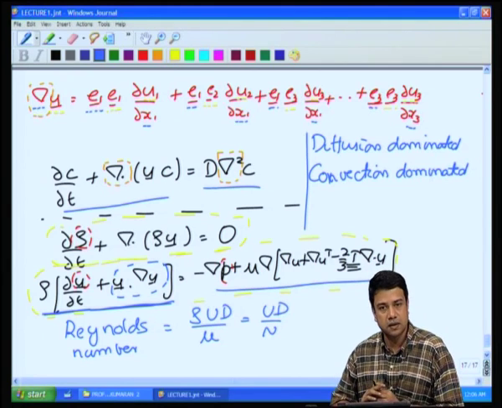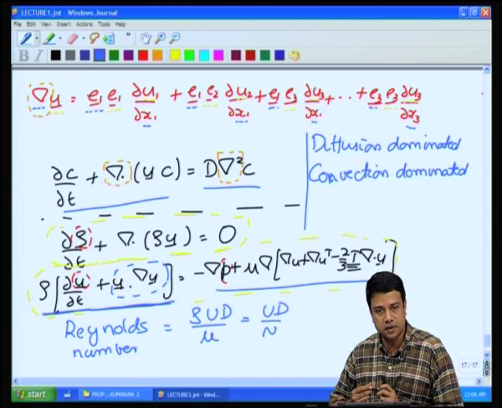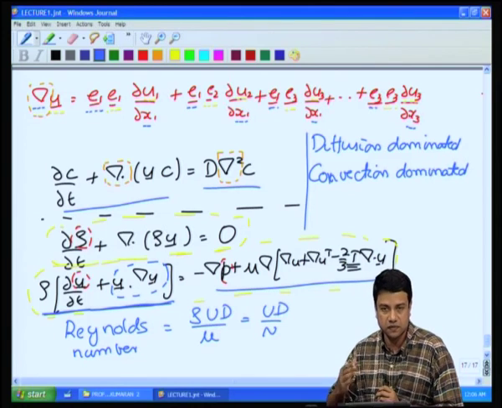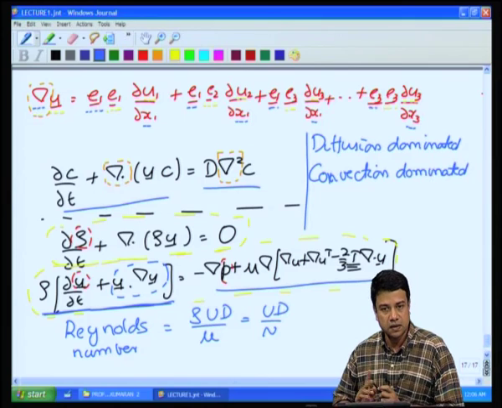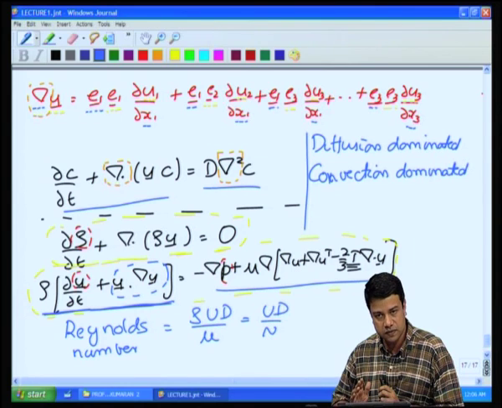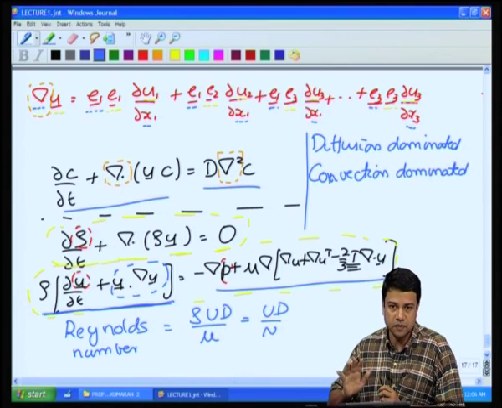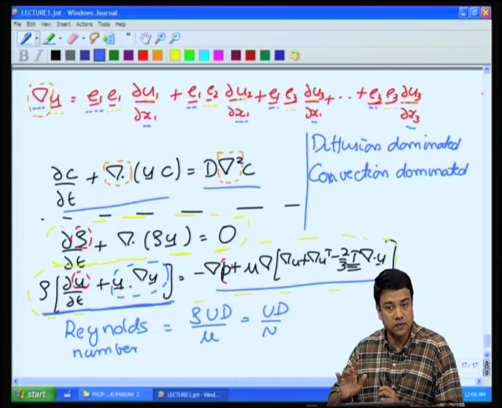You can then neglect the convective terms in the Navier-Stokes equations and solve for the diffusion terms alone, the viscous terms alone. When the Reynolds number is large, you can neglect the diffusion terms in most of the flow except very near boundaries, because if you neglect diffusion very near boundaries, you cannot enforce the tangential velocity boundary conditions, just as you could not enforce the concentration or temperature boundary conditions at high Peclet number.